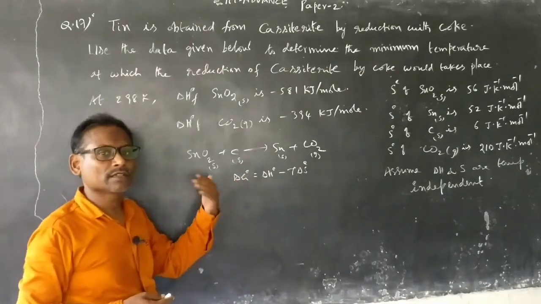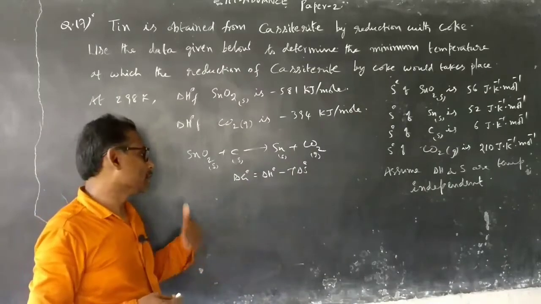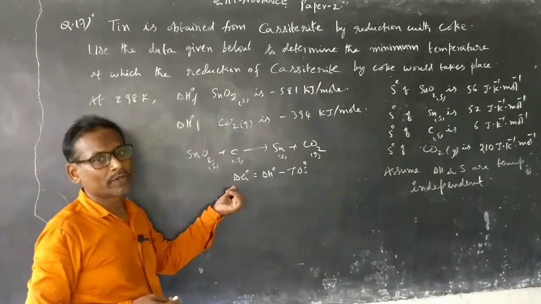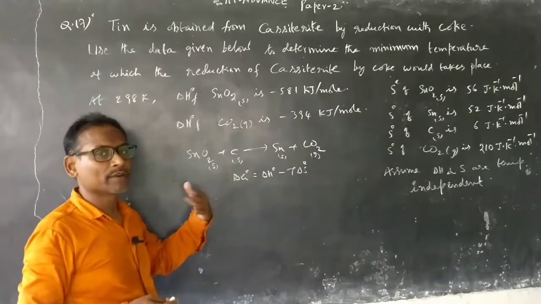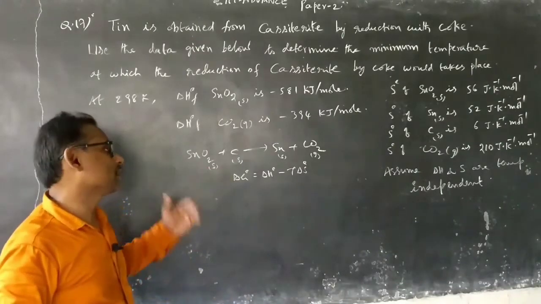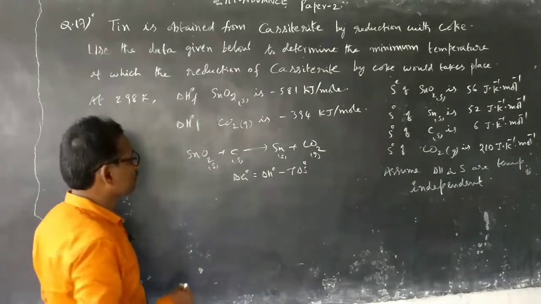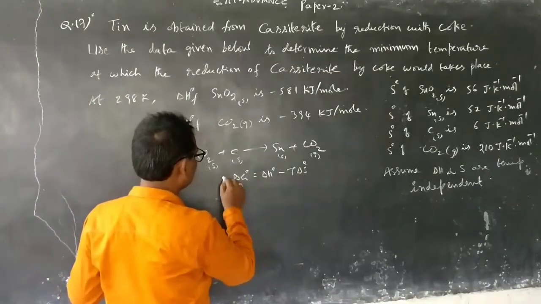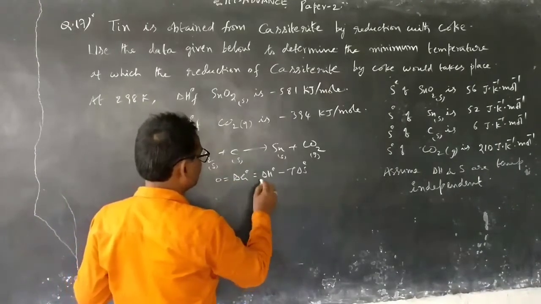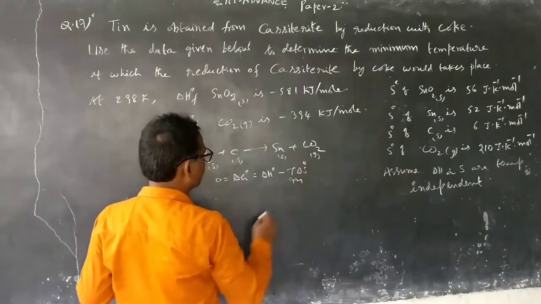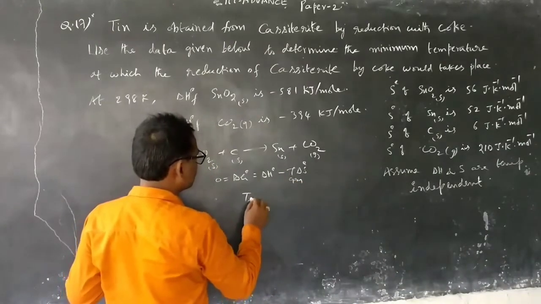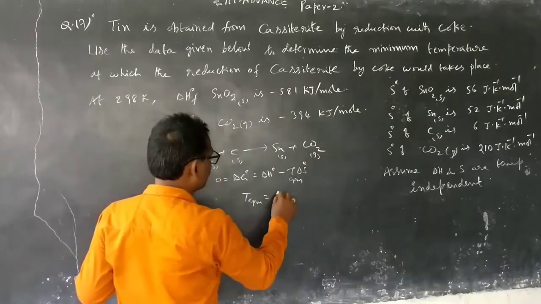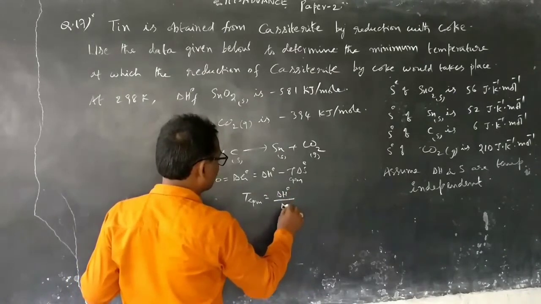Thereafter, we can decide what temperature is to be maintained in order to have ΔG0 negative. Like that, the minimum temperature required in order to carry out this process can be reported. So at equilibrium, it is 0, and this is going to be the equilibrium temperature. At that moment, equilibrium temperature is nothing but ΔH0 divided by ΔS0.